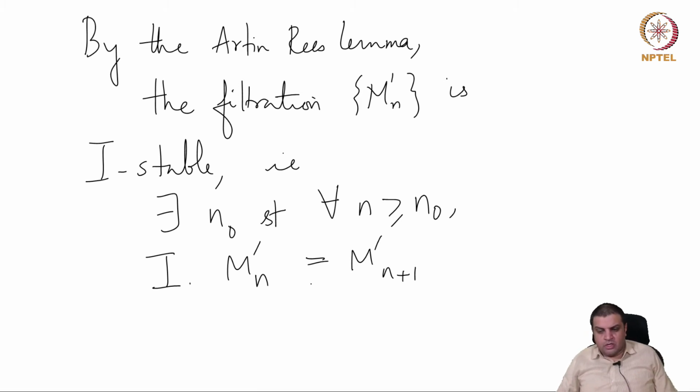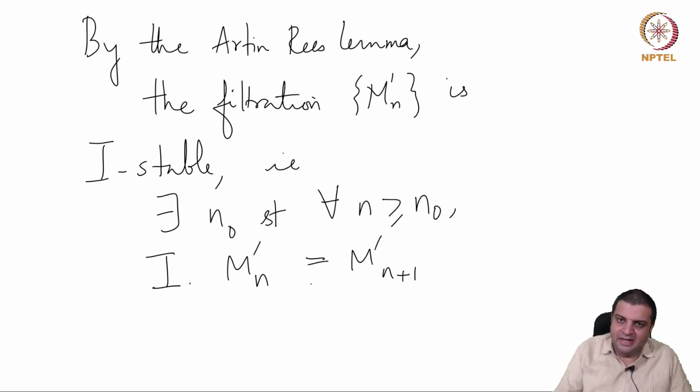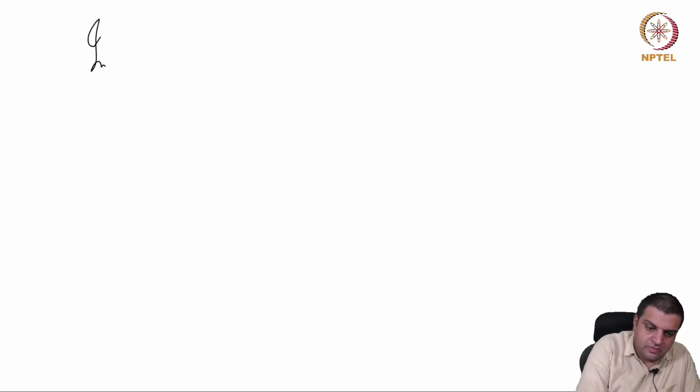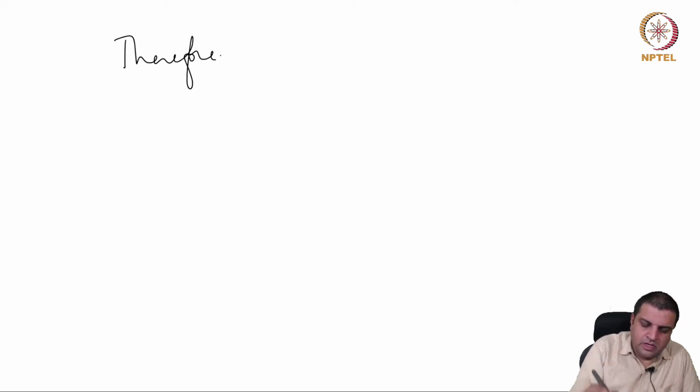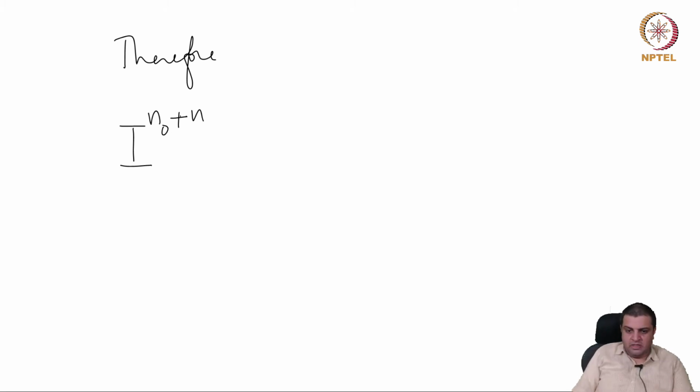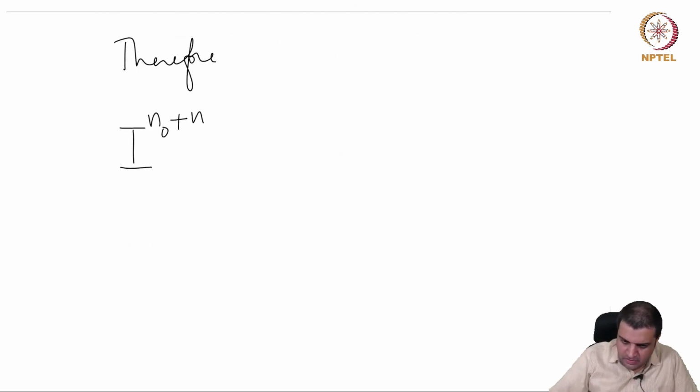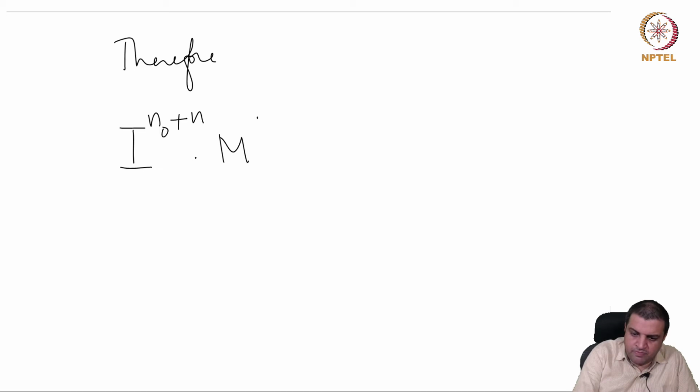Therefore, if we take I to some large power which is bigger than this n0, times M prime, this is of course inside M_{n0+n}.